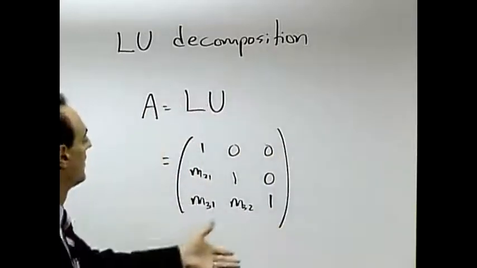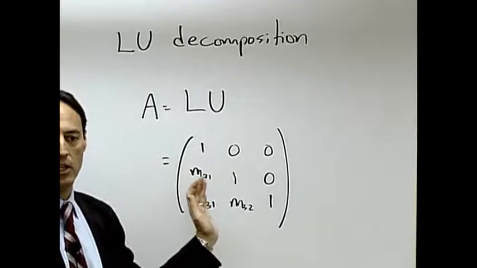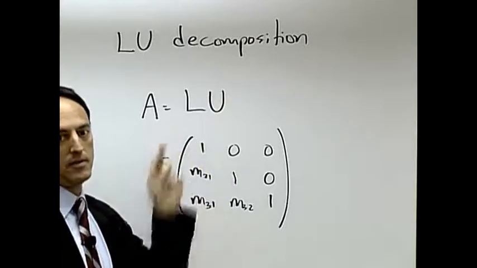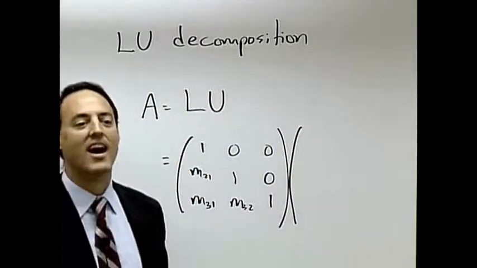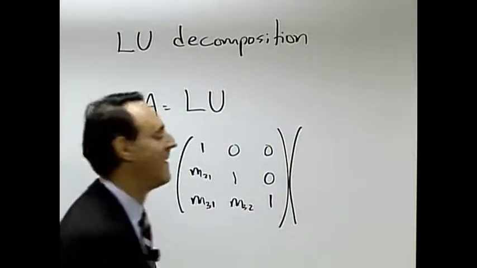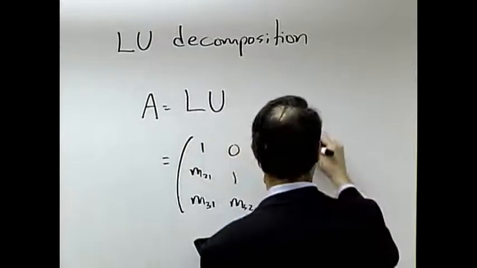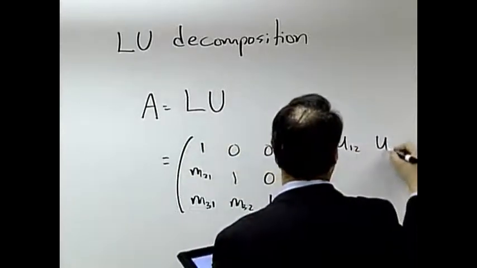The L matrix is lower triangular. Lower triangular, that's the L. And what do you think the U is going to stand for? Upper. Yeah. Here's what it looks like.